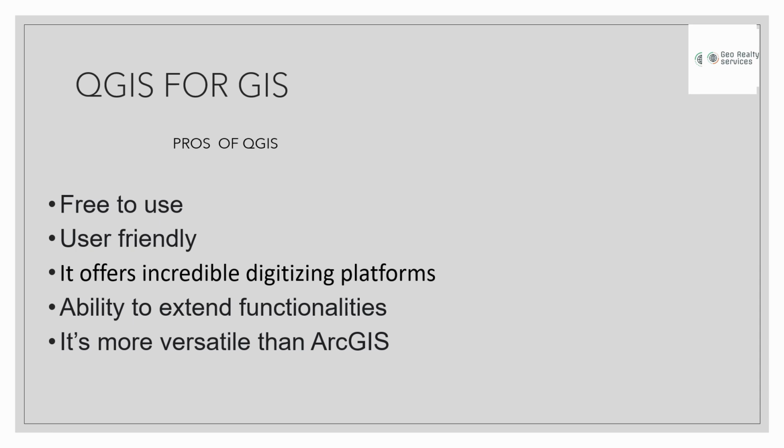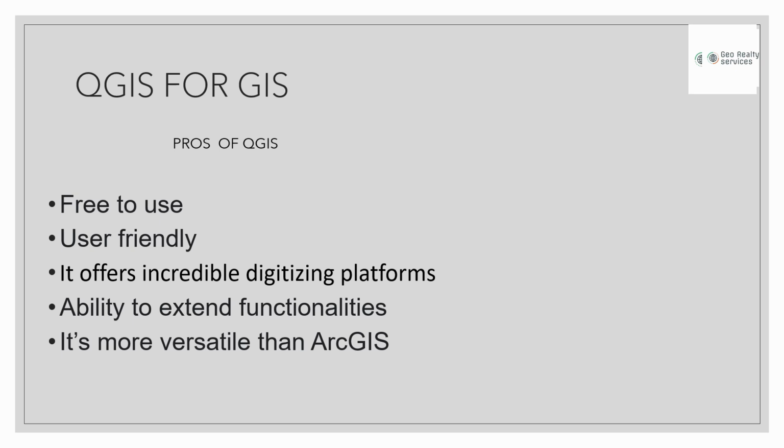It offers an incredible digitizing platform besides its abilities to help you review, edit, and analyze geospatial data. QGIS also offers incredible digitizing solutions for GRASS vector layers and also the OGR supported formats.